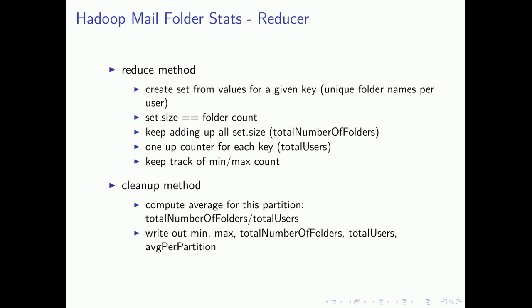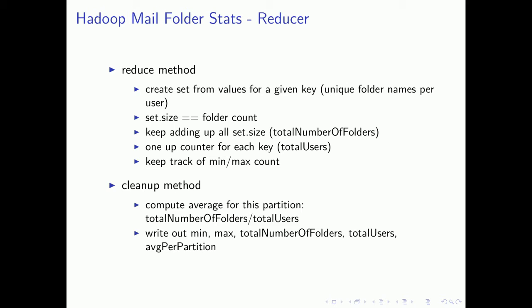Then I keep adding up all the set sizes because, in this case, I'm just putting it through one reducer, so not scalable. But I can count up the total number of folders that were observed by adding up all the set sizes for all the keys that I see. And then the total users are just a one-up counter for each key, and I keep track of the minimum and max.